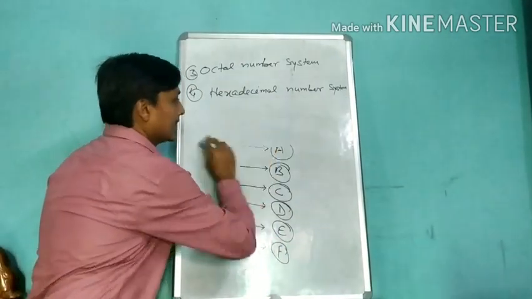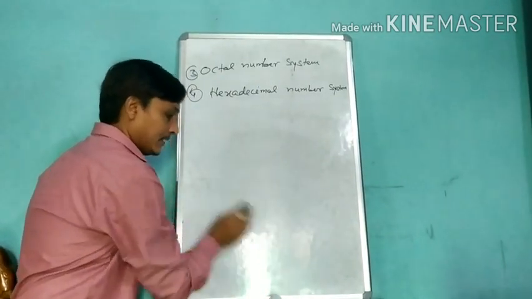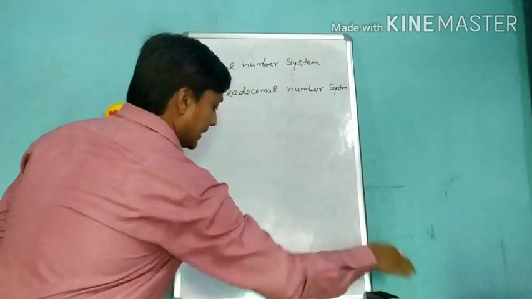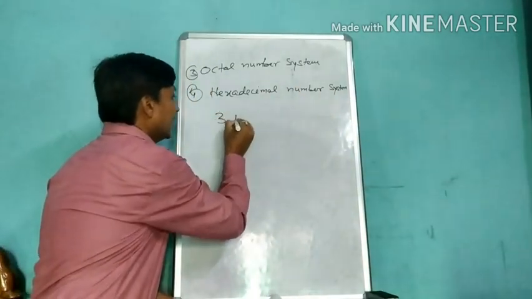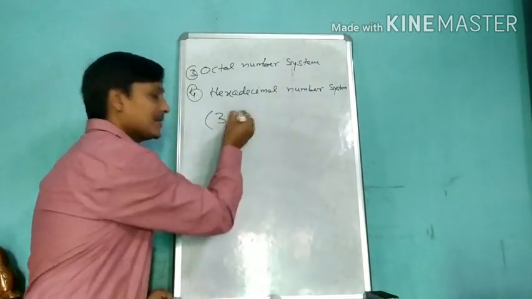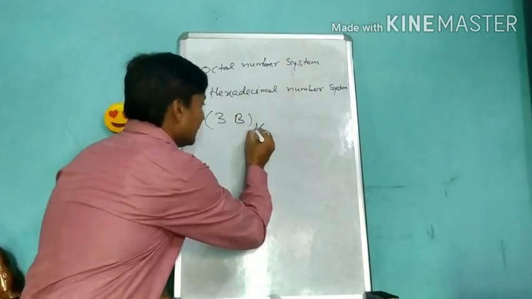Now see how we can solve hexadecimal to decimal and decimal to hexadecimal. In your book it is given already. Suppose the first question we have is 3B, and it is given base 16.